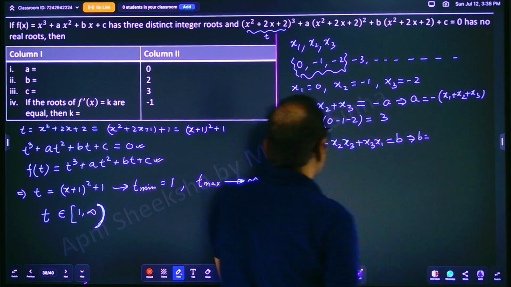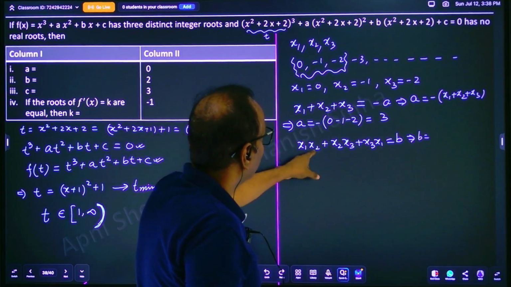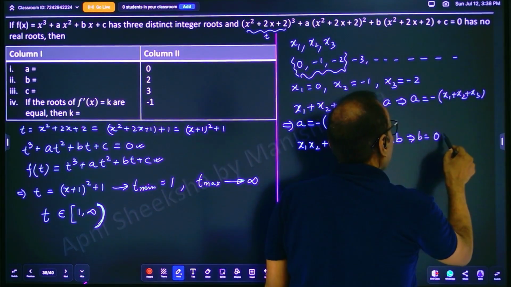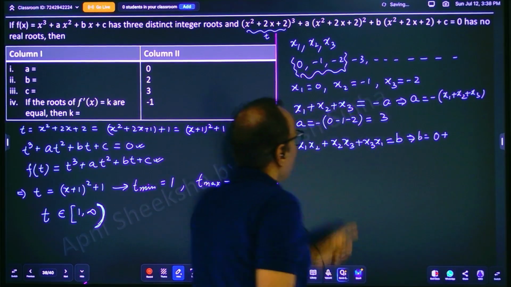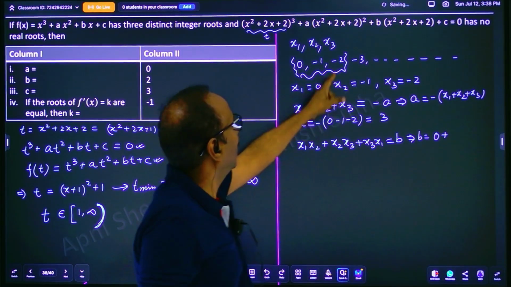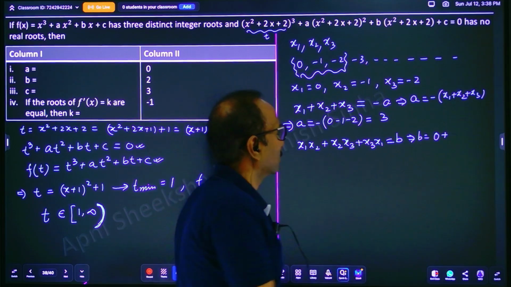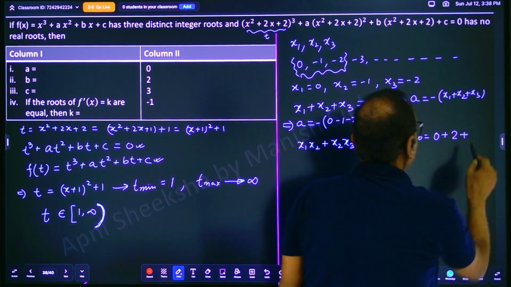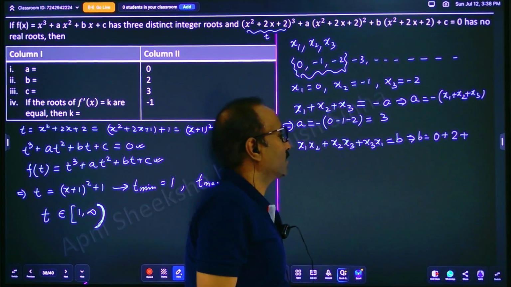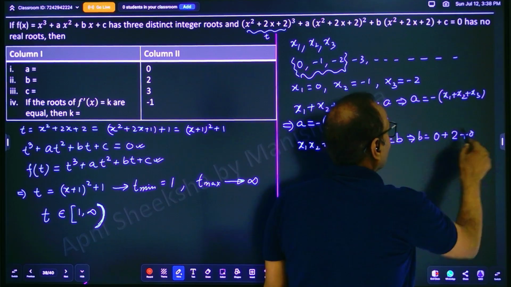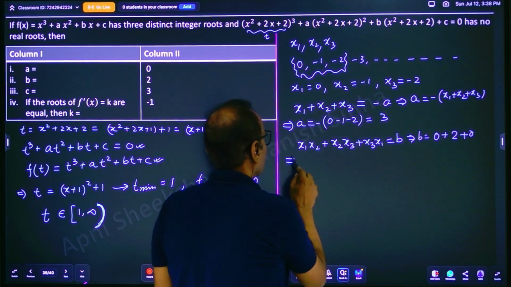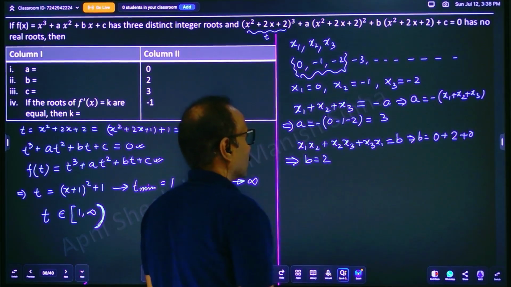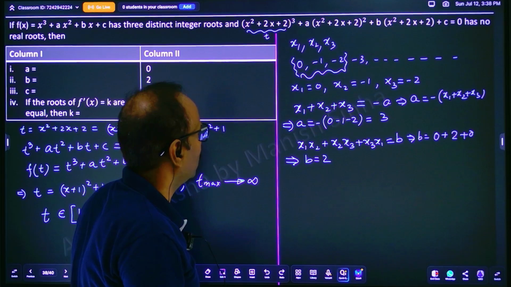So you can write b is equal to x1 into x2, x1 is 0, x2 into x3, minus 2 into minus 1, x3 into x1, x1 is 0, so this is 0. b is equal to 2.